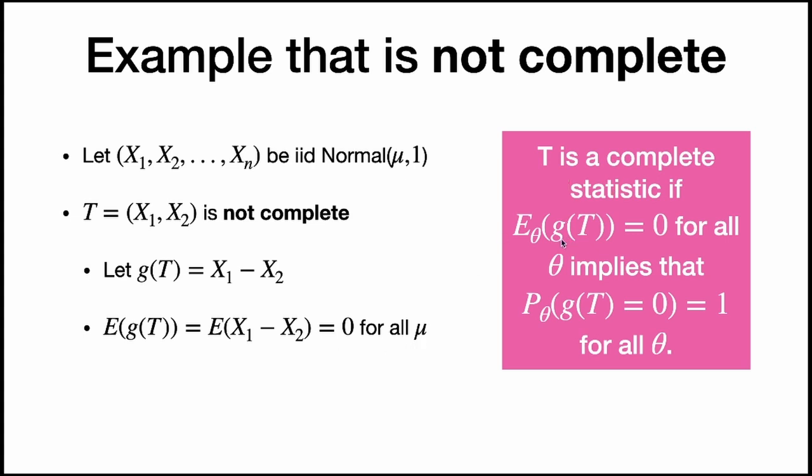Based on our definition, if this is 0 for all values of our parameter, and if T is complete, that implies that the probability that g of T is equal to 0 is 1. That g of T is always equal to 0. But g of T is not always equal to 0. X1 minus X2 very rarely is going to be 0. So this part is true, but this is not true.